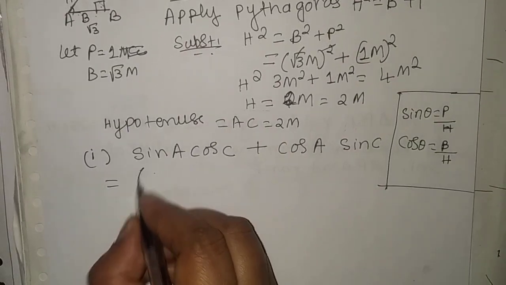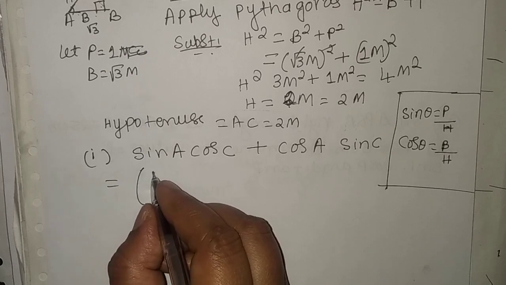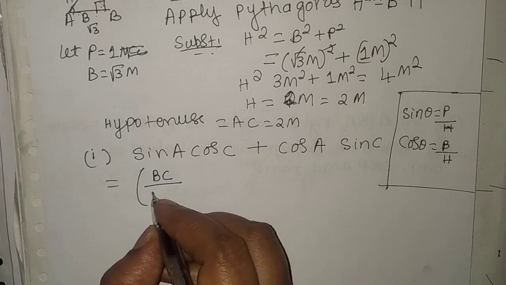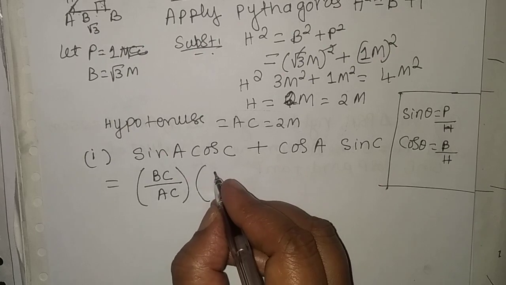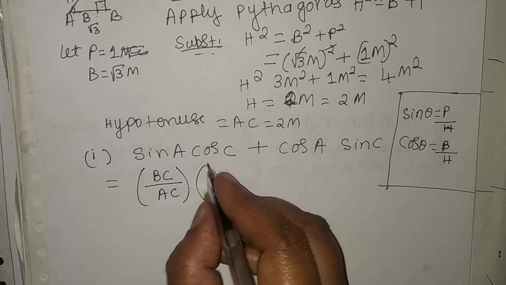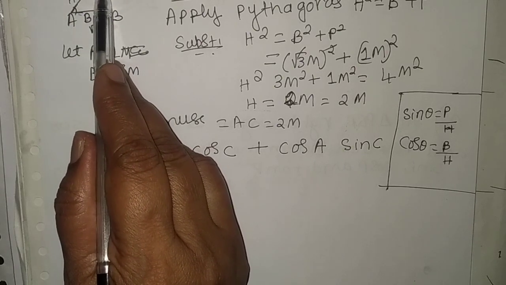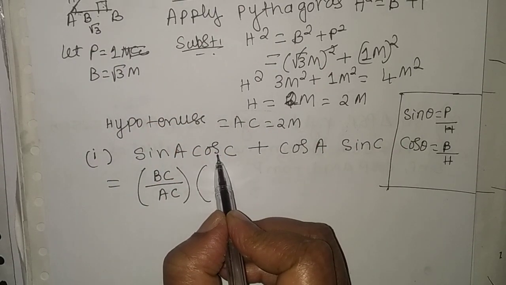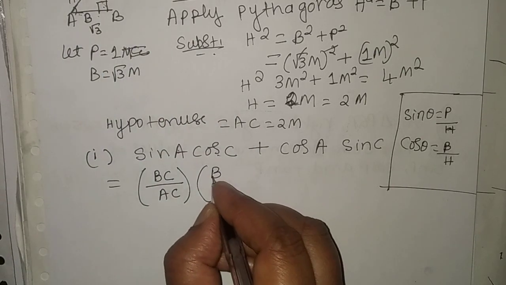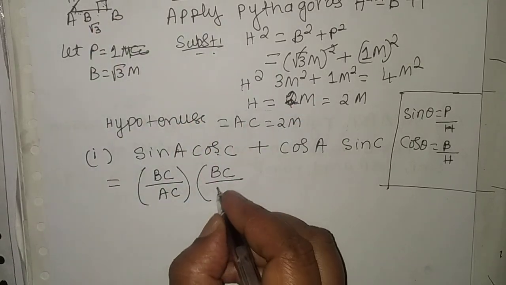So sin A is perpendicular BC by hypotenuse AC. Then cos C regards the angle C. The formula is base by hypotenuse. The base for this angle is BC and the hypotenuse is AC.